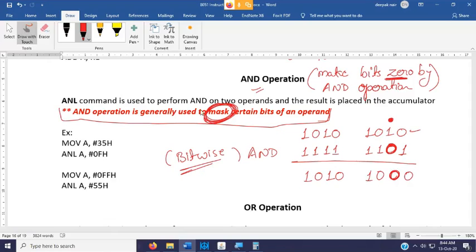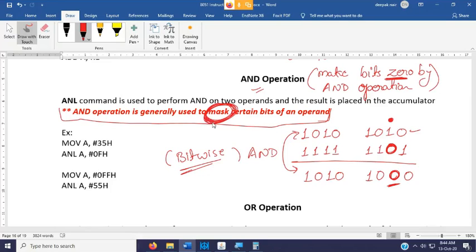You see here, these two numbers are almost the same except this particular bit. Similarly, I can force any other bit, or more bits, to 0. So I can forcefully make bits 0 by using the AND operation, and we call it masking.